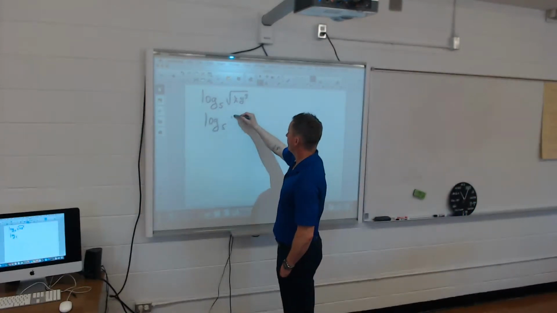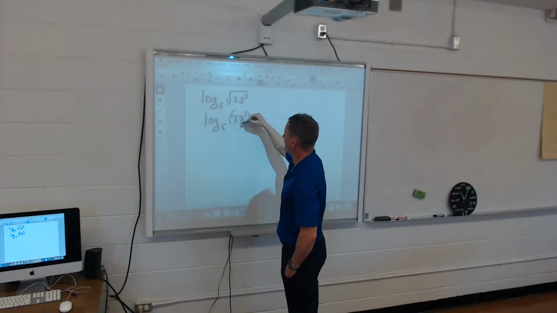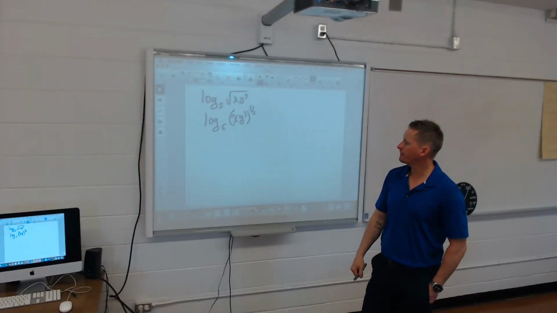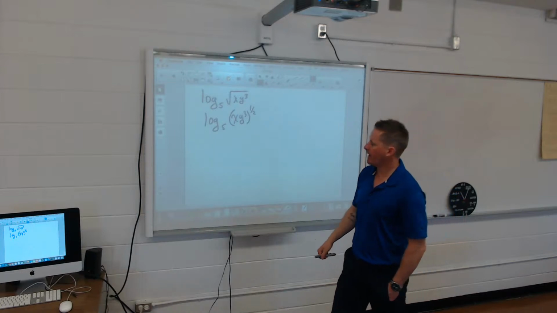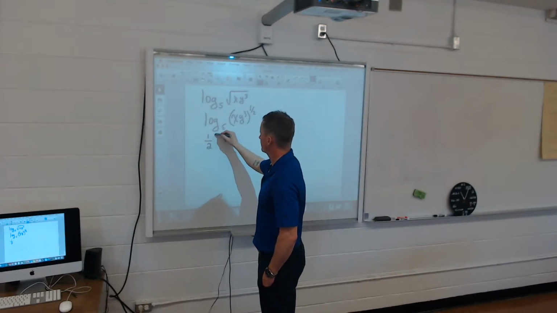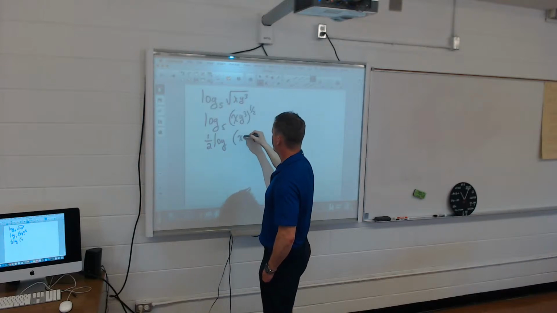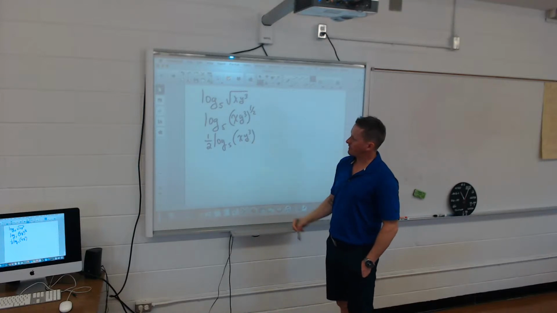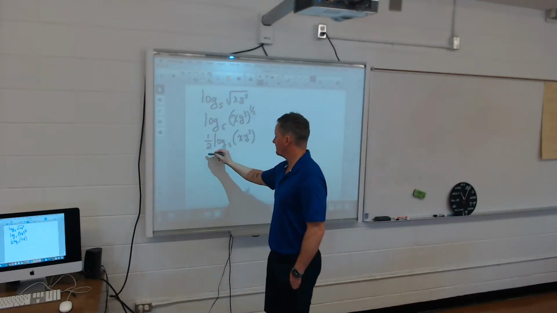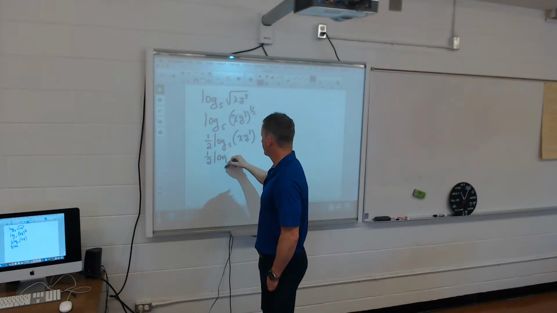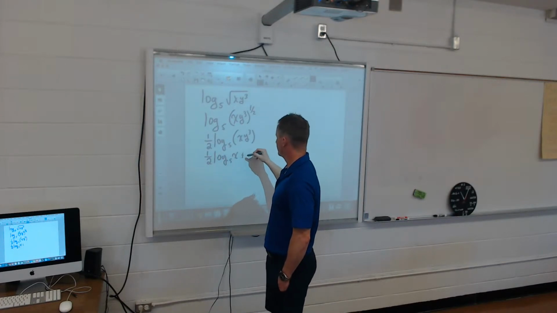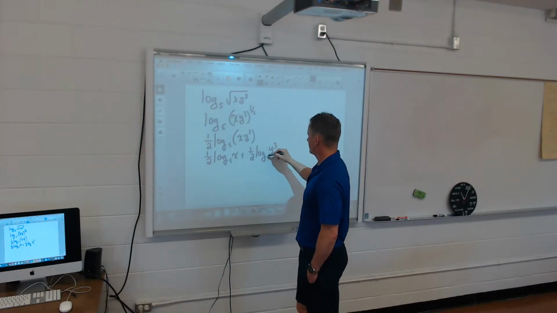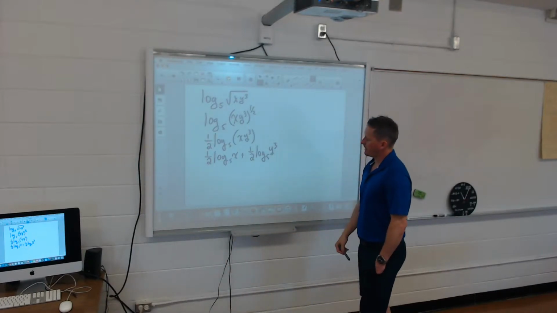Okay, so the first thing I do is I change the rooted value to an exponent. So I get xy cubed to the 1/2. I move that 1/2 in front. Because it's multiplication, I expand it by adding them. So I've got that.